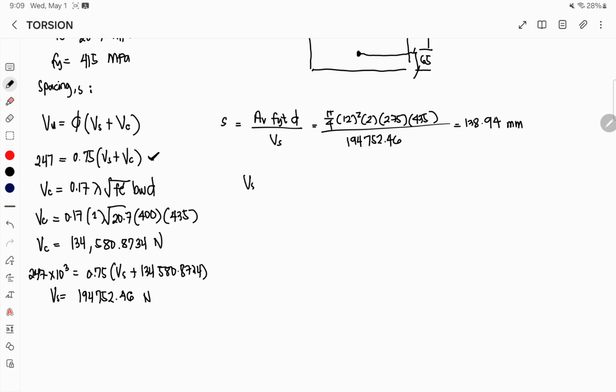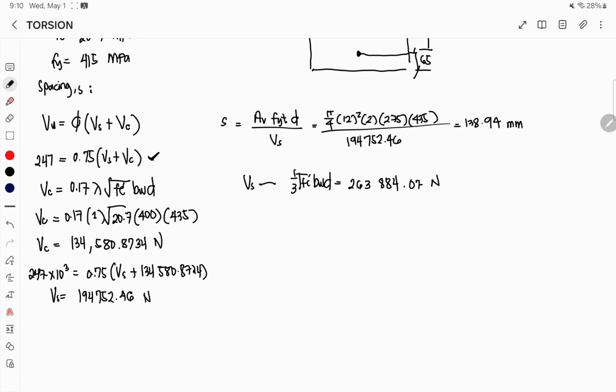Wait, let's compare the Vs first to one-third square root of f'c bw d, which is equal to one-third square root of 20.7 times bw times 435. We have the value of 263,884.07 Newton.